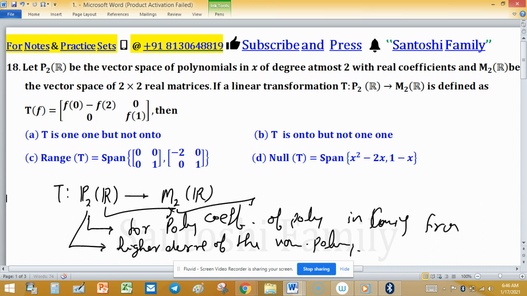Similarly, this is the size of the square matrices, and R stands for where the elements of the matrices come from. This is the notation for writing a vector space in compact form.